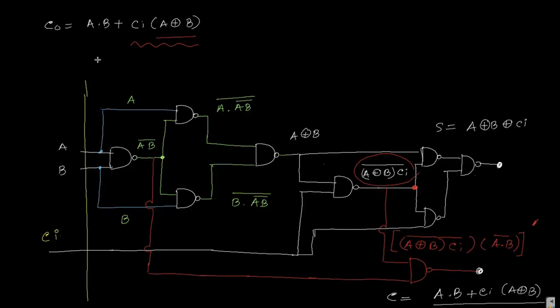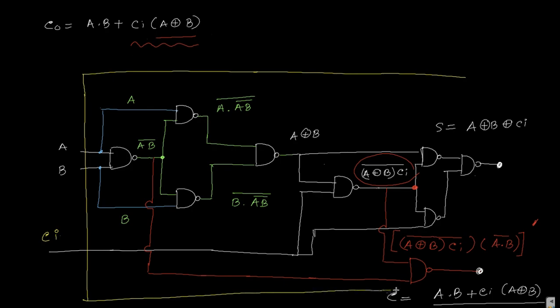So if you ask what is inside a full adder circuit, or if you want to make a full adder circuit through NAND gates, then you need 1, 2, 3, 4, 5, 6, 7, 8 and 9 NAND gates, and this is the minimum.